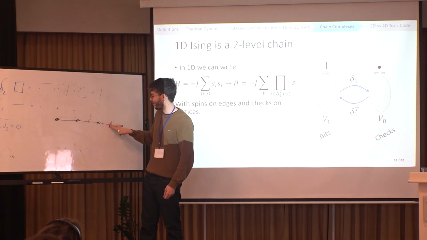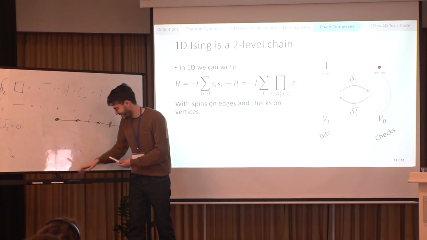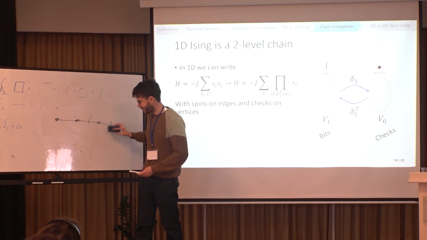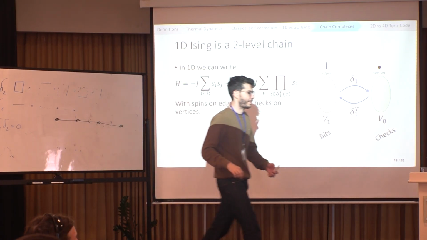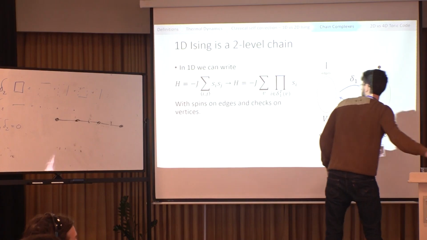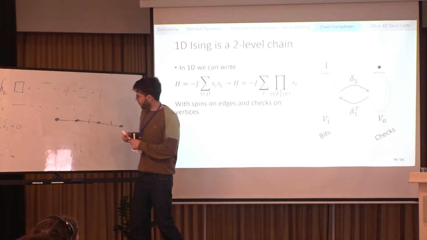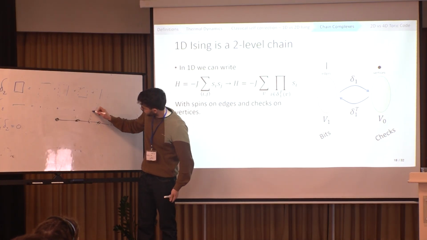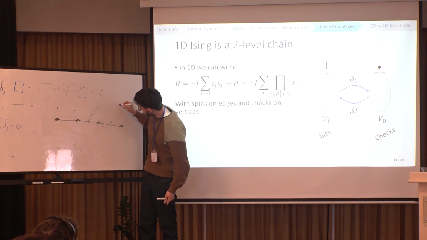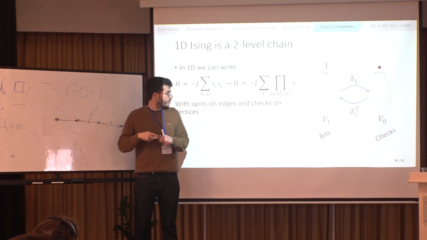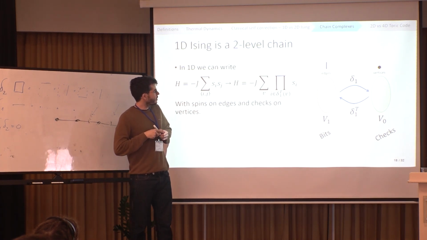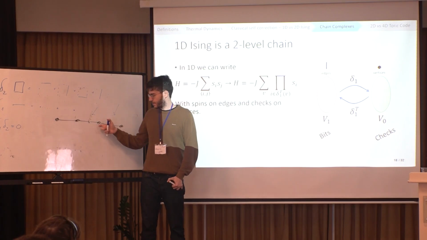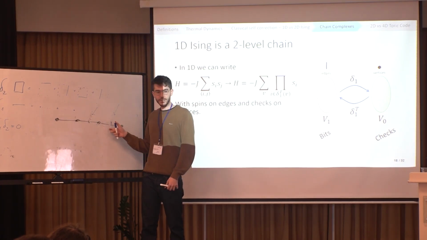So delta 1 T for a specific vertex gives us the edges that touch it.